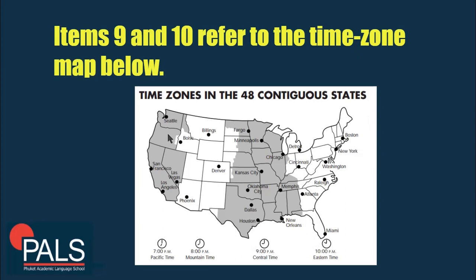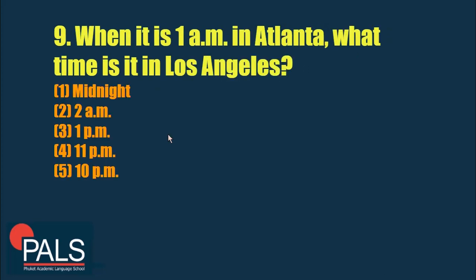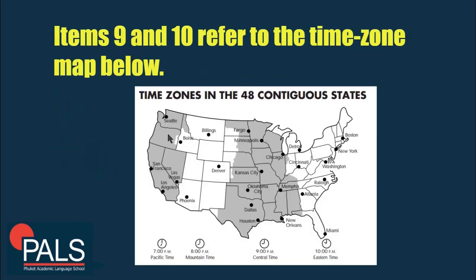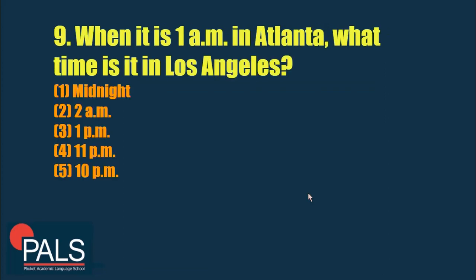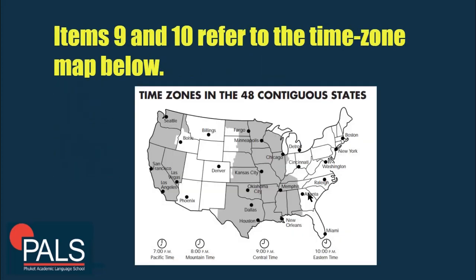All right, now let's go to the question. When it is 1 a.m. in Atlanta, what time is it in Los Angeles? Okay, let's try to take a look. Where is Atlanta? Over here, East Coast. Now, what's the other one? What time is it in Los Angeles? It's over here.